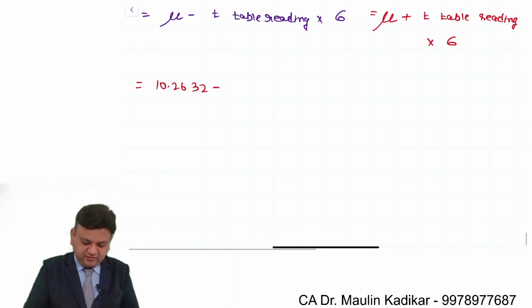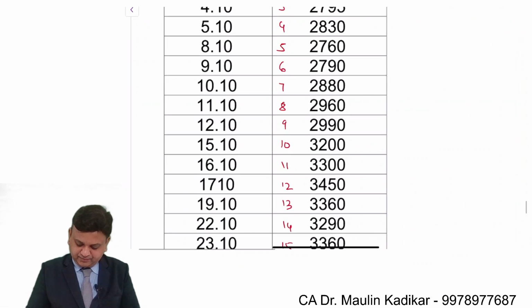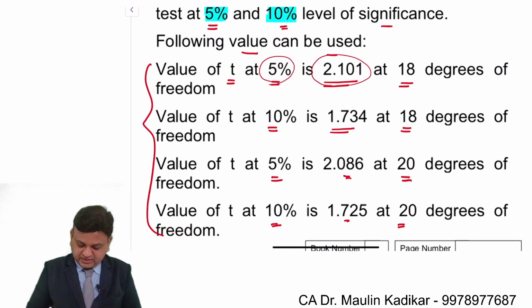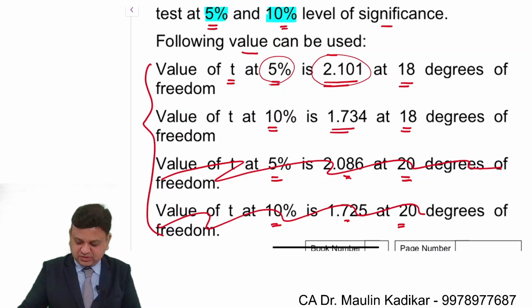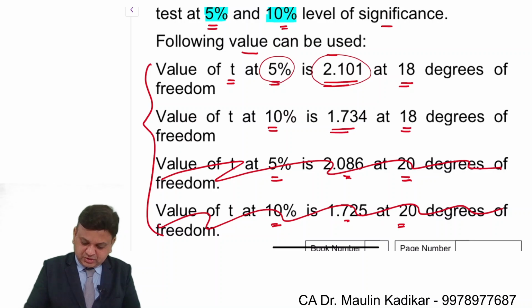So the T table reading for 5% level of significance for 18 degrees of freedom. This 20 degrees of freedom information is provided just to confuse us, because we have to read for n1 plus n2 minus 1. So it is 11 plus 8, 19 minus 1, that is 18. So it is 2.101.